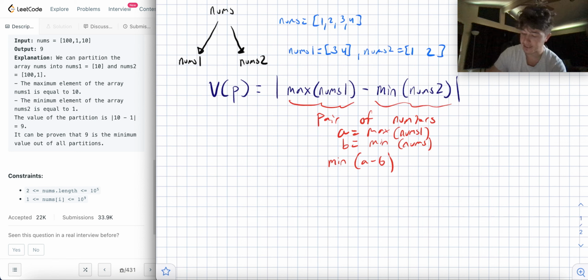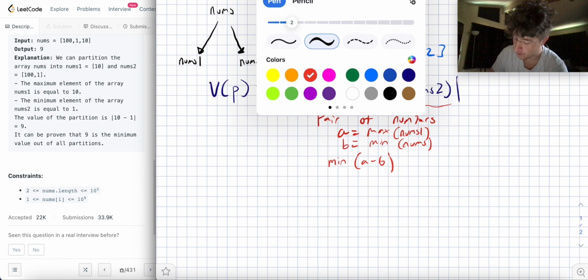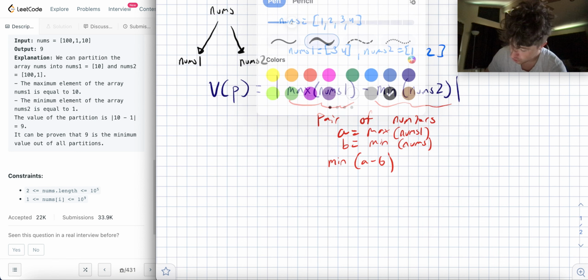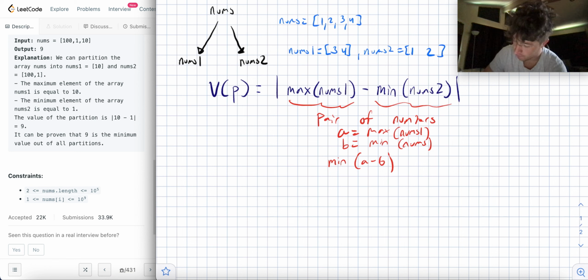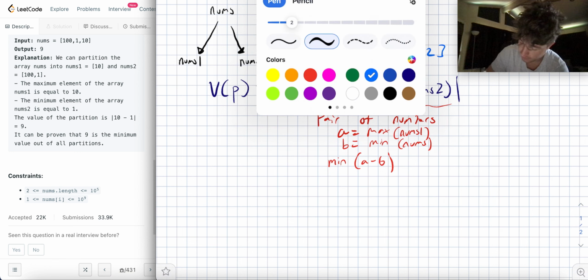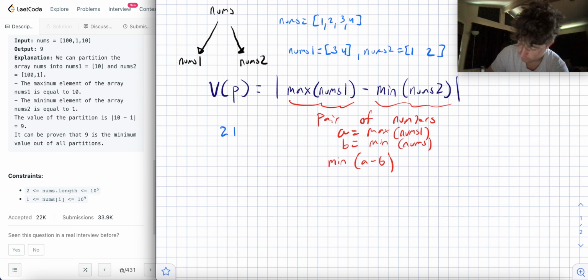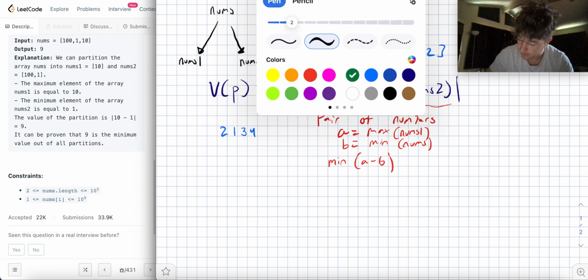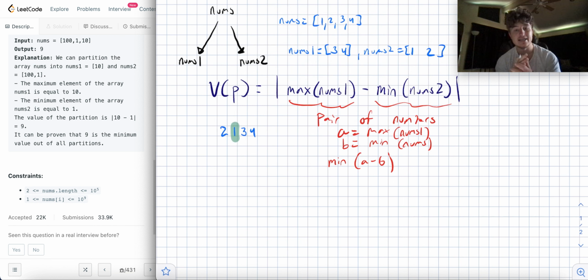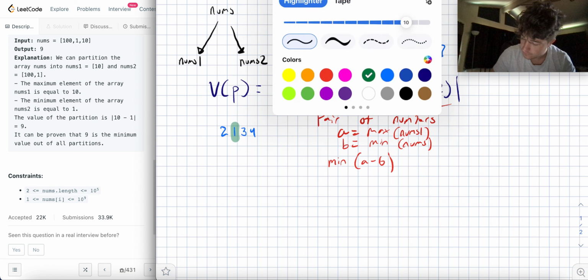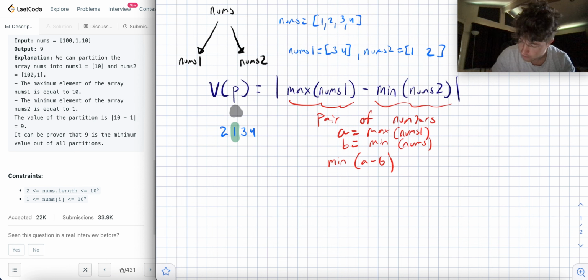Well, if we look at an array like 2, 1, 3, 4, for example, if I grouped a number with 1, okay, let's say A equals 1.